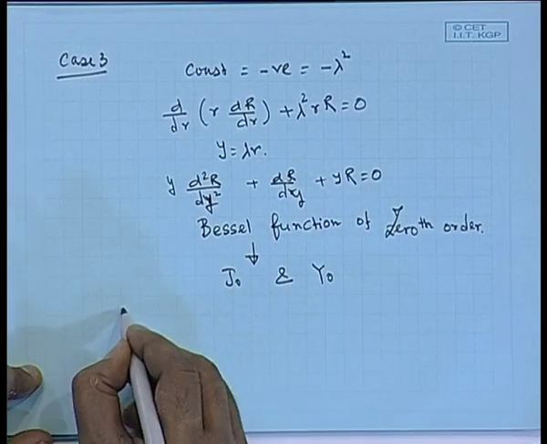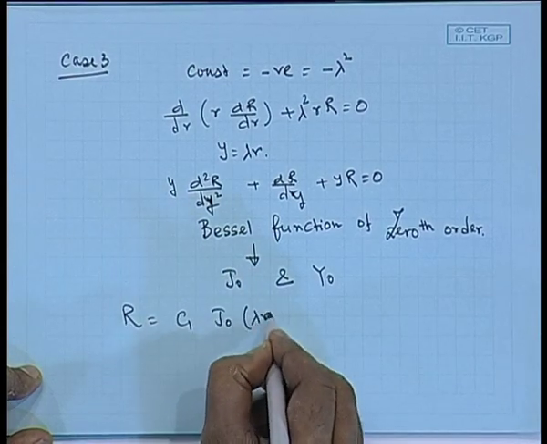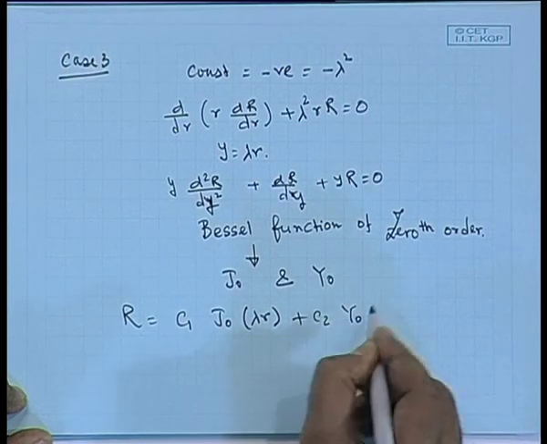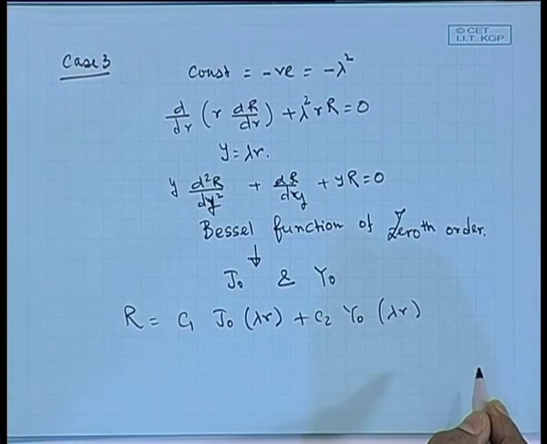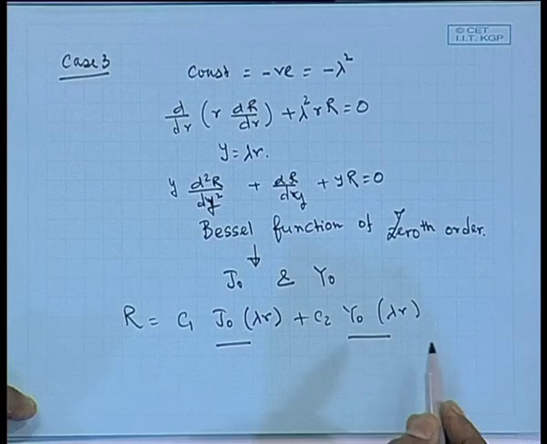So the solution becomes C1 J0 lambda r plus C2 Y0 lambda r. And now we should look into the properties of J0 and Y0.